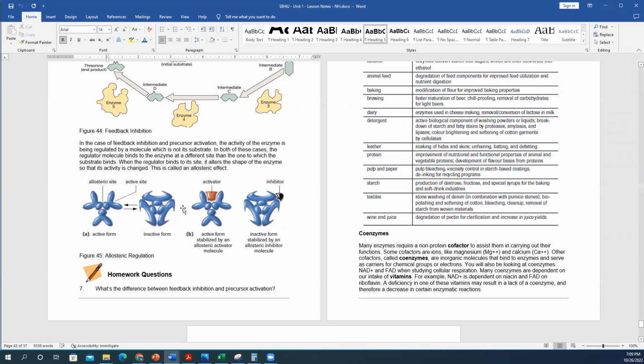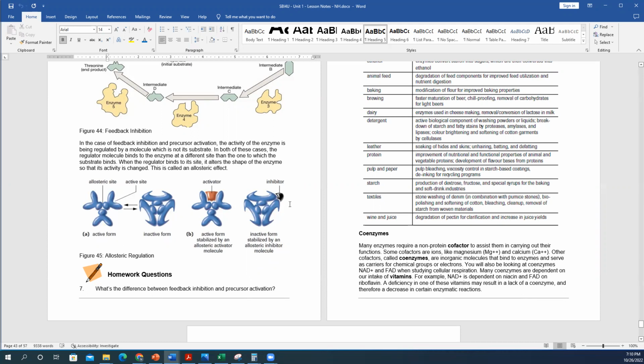A molecule that acts as an activator or as an inhibitor may carry out its action by binding to an allosteric site and stabilizing the active form, keeping it in that active shape so that the active site is available for substrate binding.